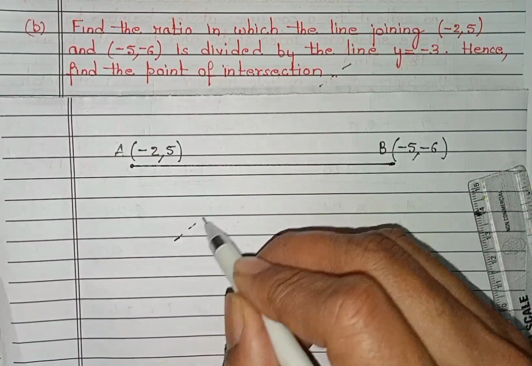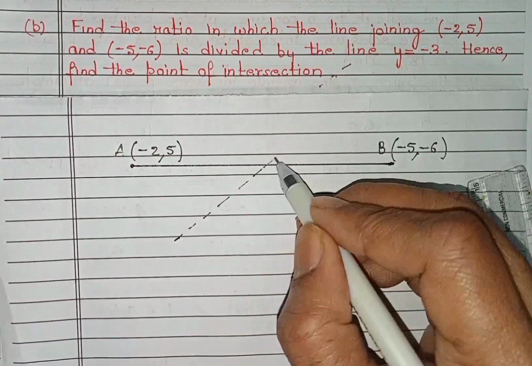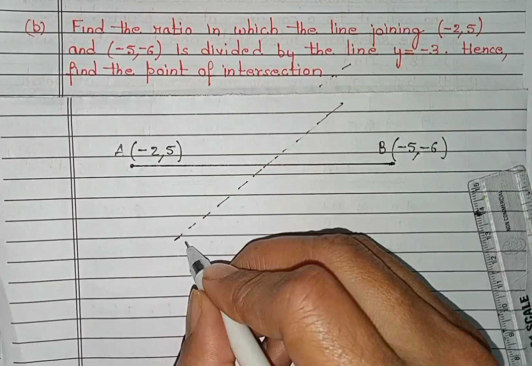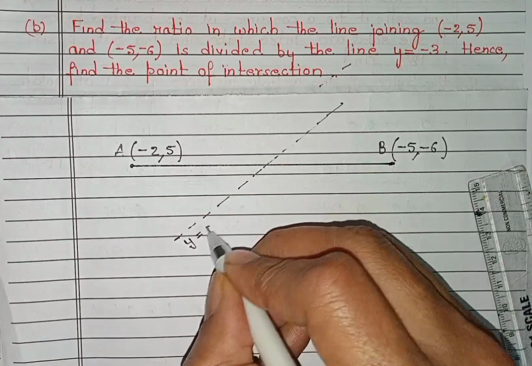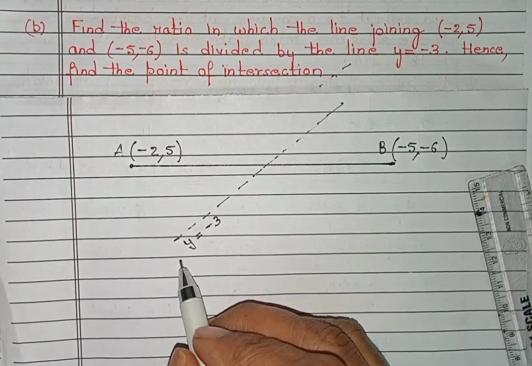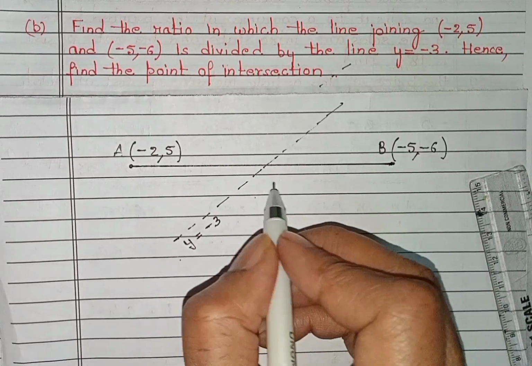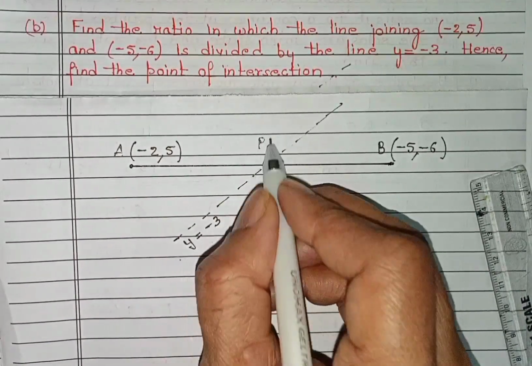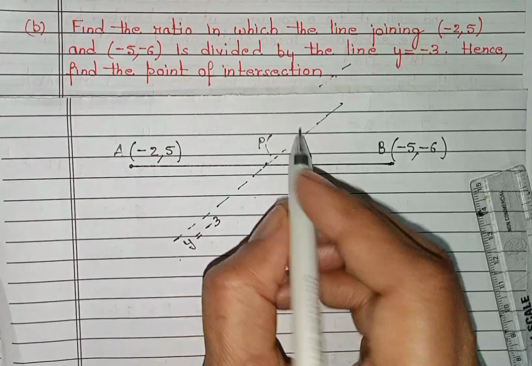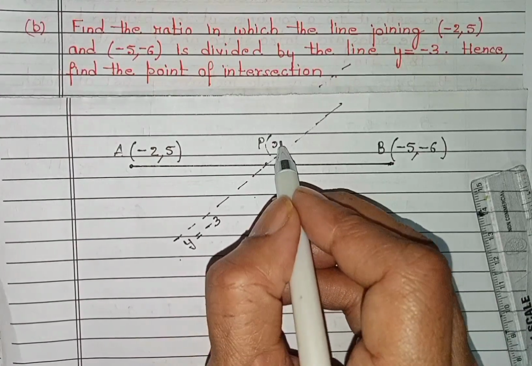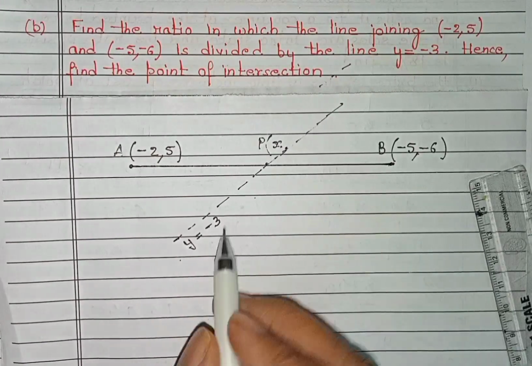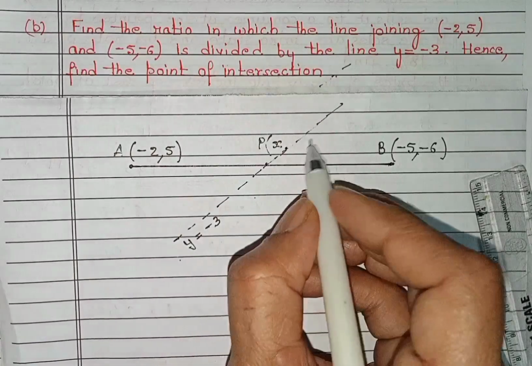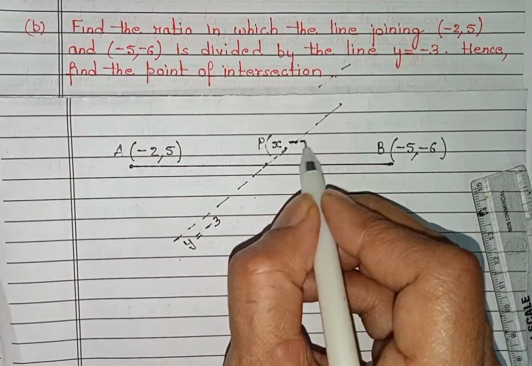Let us consider a line whose equation is y is equal to -3. Now let this line y is equal to -3 intersect AB at point P. So this point P, whose x coordinate is unknown to us, but its y coordinate is confirmed, it is -3.